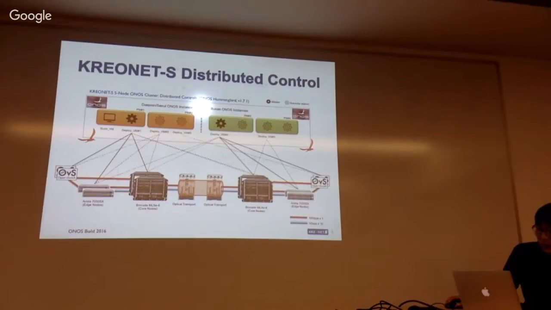For example, the 4 network devices in Daejeon make a control connection to 3 ONOS instances in different cities, where one of the instances is operating as a master, while the other 2 instances are working as standby. So in this way, we want KREONET-S to guarantee SDN network reliability, high availability, and scalability.